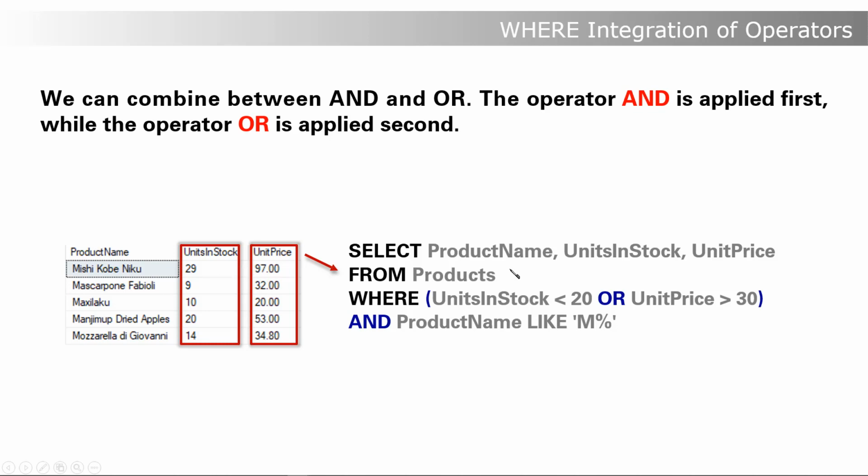In the OR statement, we see that we have at least one of the columns that is correct. Units in stock lower than 20. Here in the first row, it's not true. But the unit price higher than 30, and we see that it's 97. So the unit price is correct.